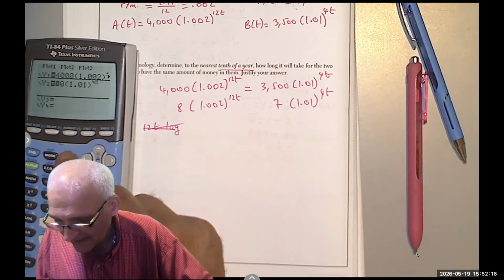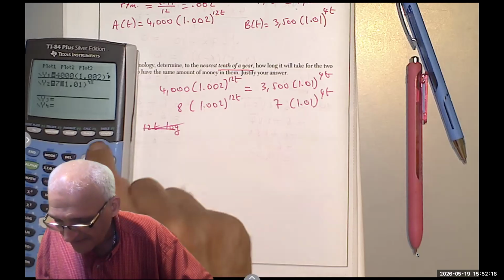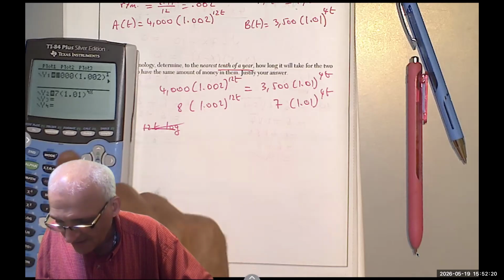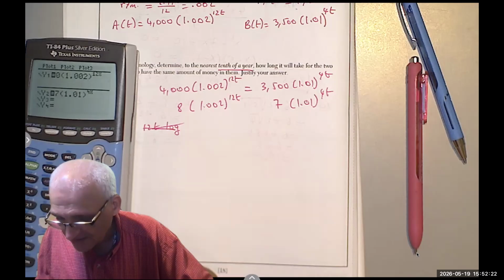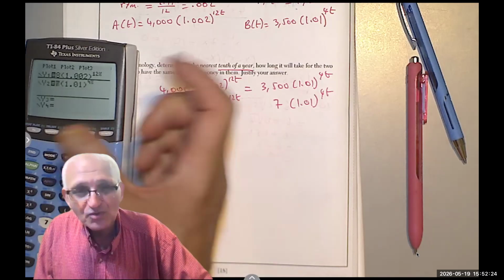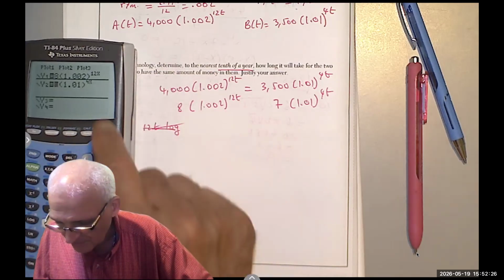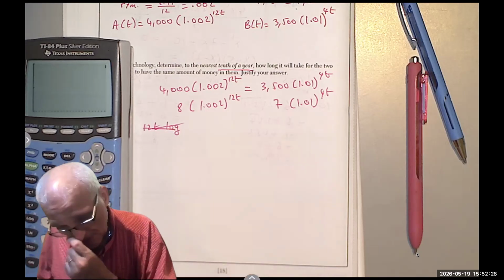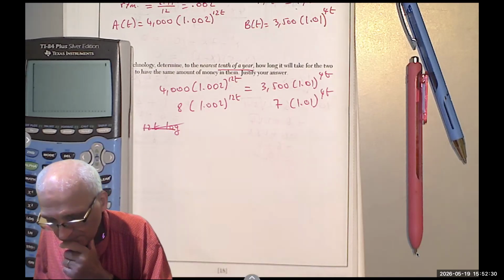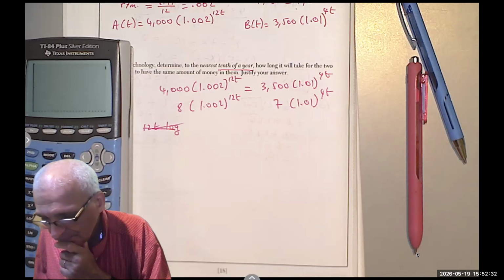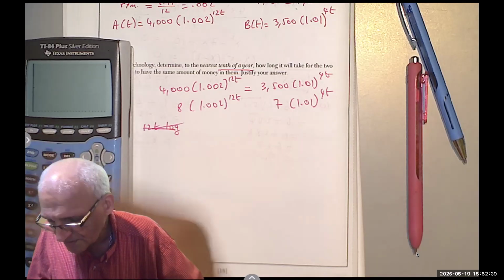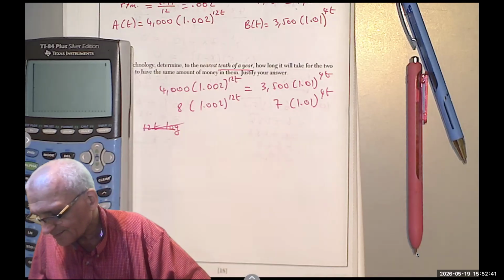I can make that 7 and make that 8 to simplify. It's not going to make any difference whatsoever, but the numbers would be smaller. So let's see if that would graph, or I need to change the window. Oh, it's still drawing. Oh, that's my mistake.